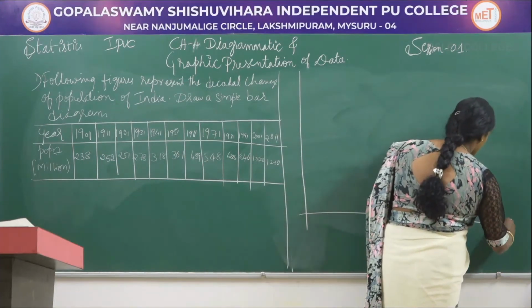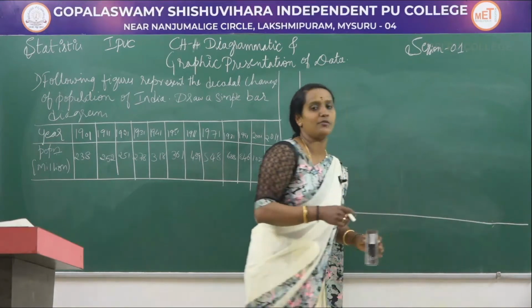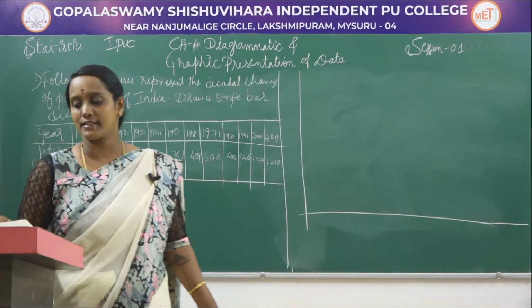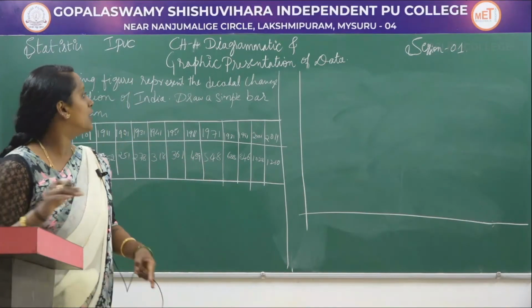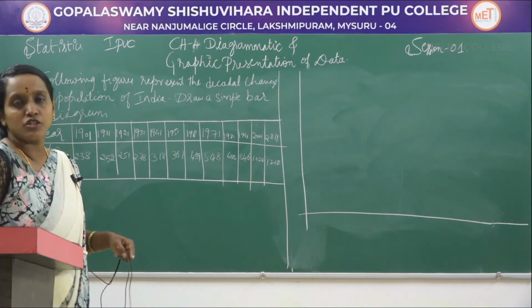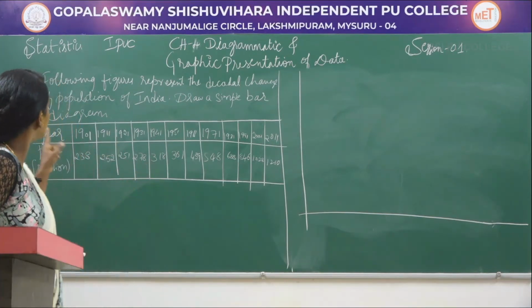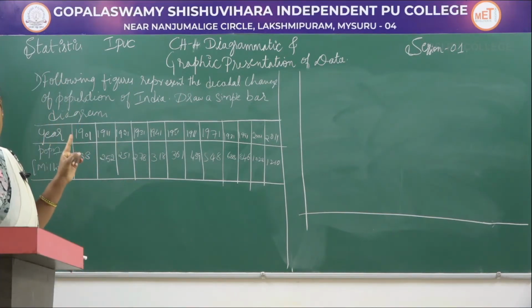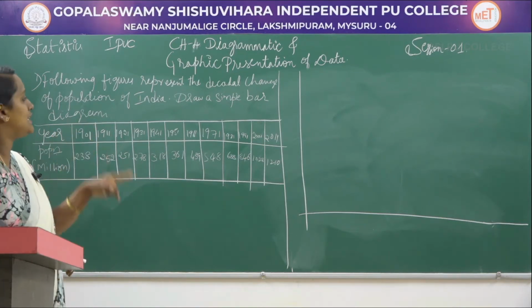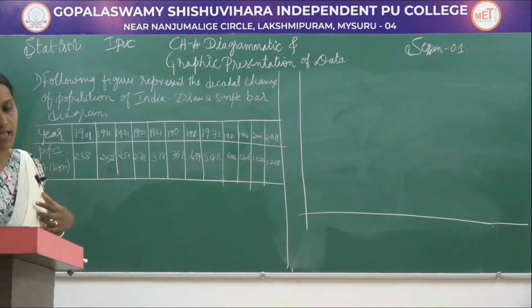When we are using the graph, you have the exact scale, and you have to follow the exact scale. This is a simple bar diagram representing the population of India from 1901 to 2011.